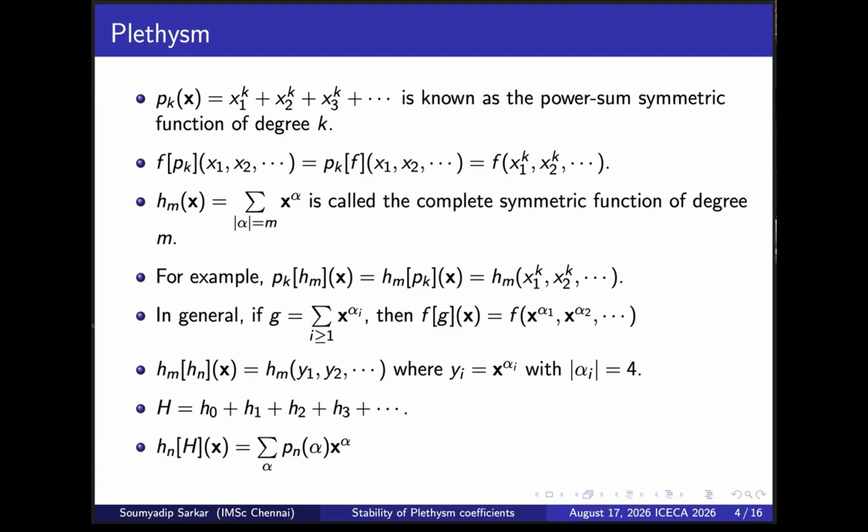If you look at the monomial expansion of that, it is actually connected to the vector partition function very naturally. What is the coefficient of x^alpha in the expansion of h_n plethysm H? That is just the number of vector partitions of alpha into at most n parts. Remember, alpha is a vector, and by P_n(alpha) we mean the cardinality of the set of all vector partitions with at most n parts. So this monomial expansion is easy to write.